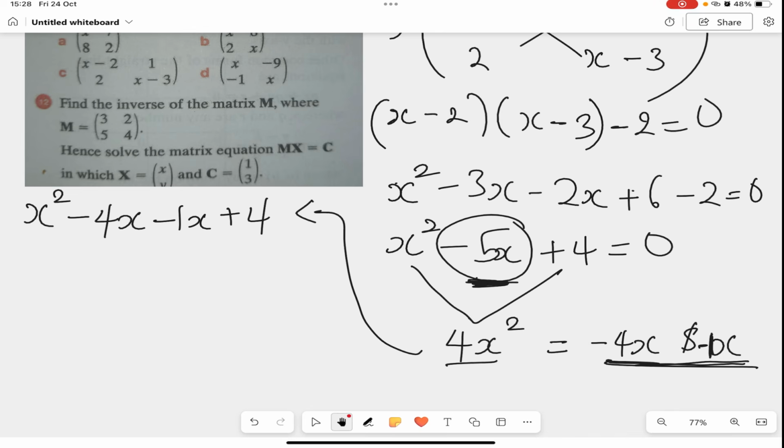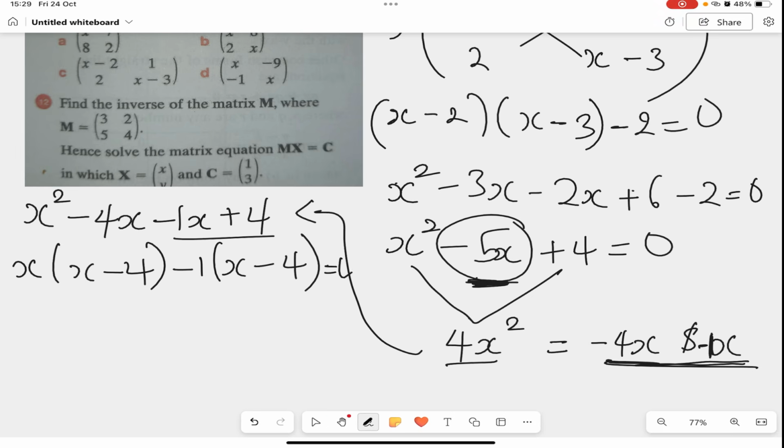Then we find the common factors here, and that's what we call the factorization method. We have x, open bracket x minus 4. Then we have minus 1 is common here. So we have minus 1 times x minus 4 equals 0. That's fine.